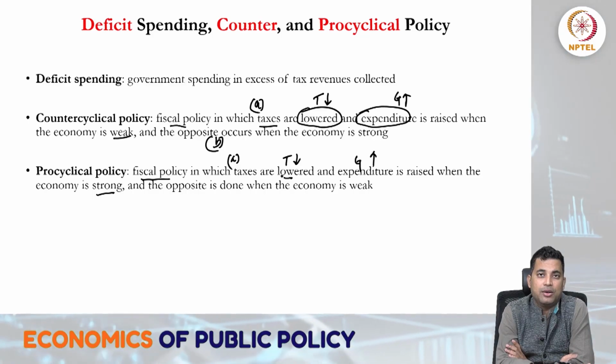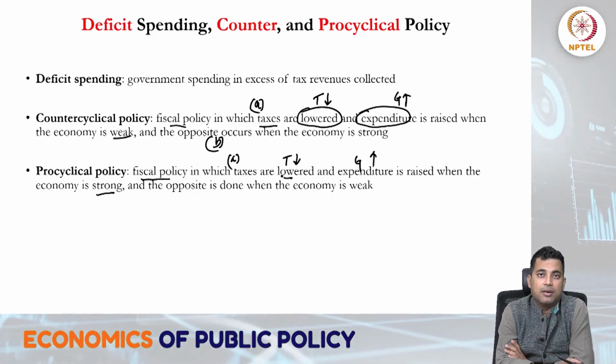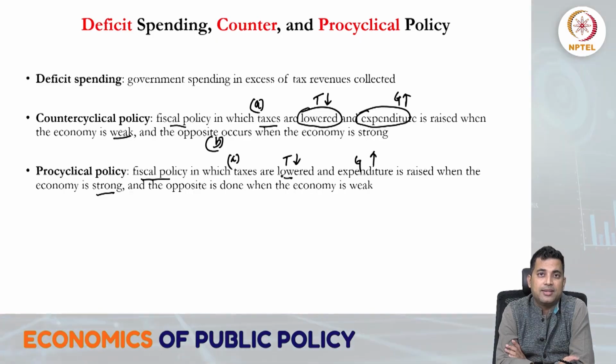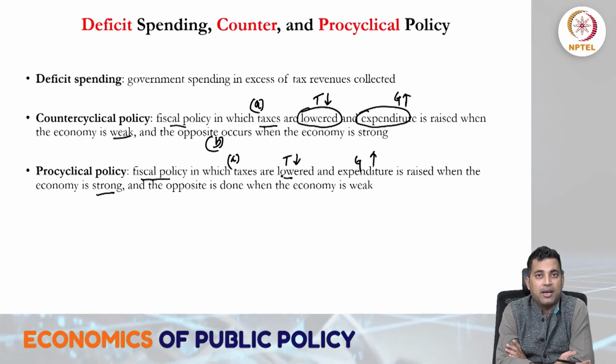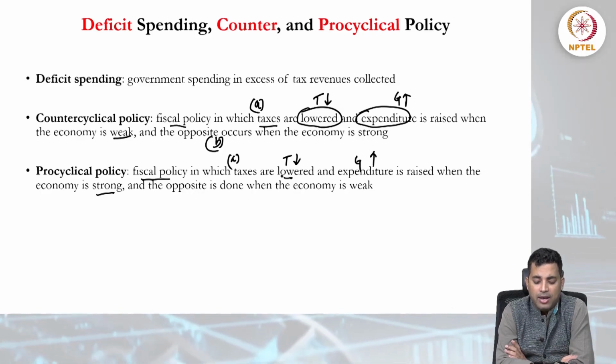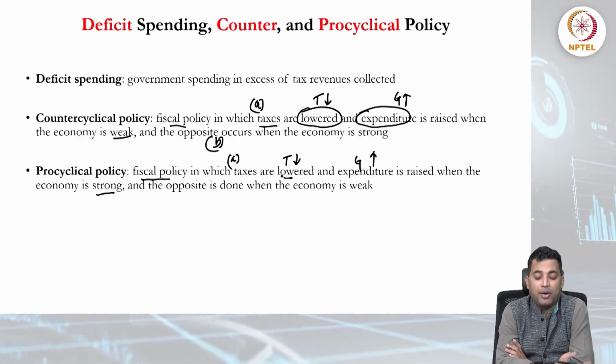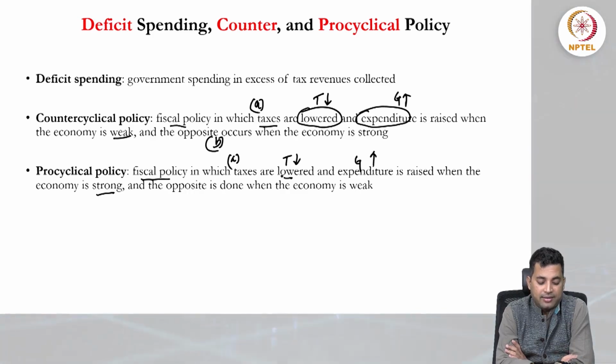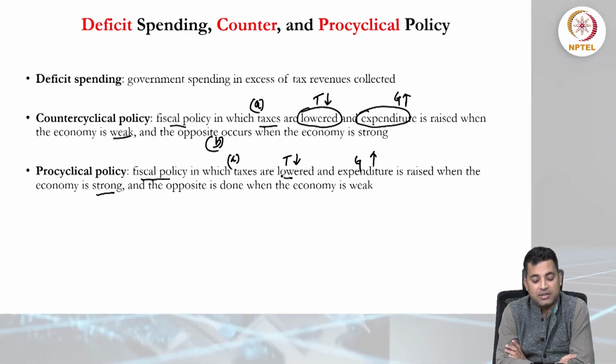If the economy is strong, it can afford to spend more and more, and that is what we understand as pro-cyclical policy through expansionary fiscal policy.